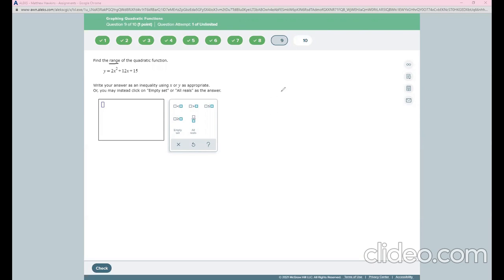And once we have the vertex's y value, it's either going to be greater than y or less than y. If we have a positive parabola, the y values will all be greater than our vertex. So we'll have a vertex number, and then y is going to be greater than or equal to the vertex.